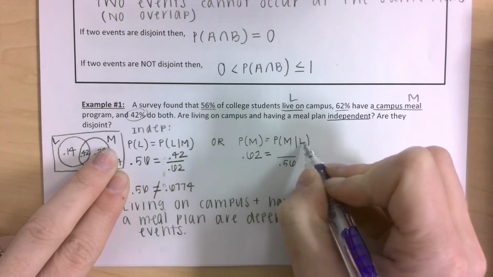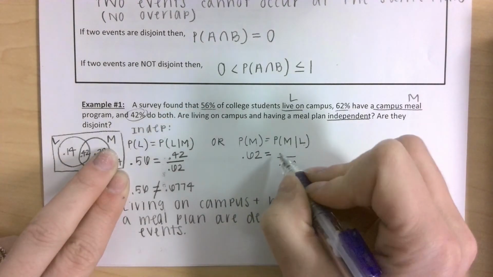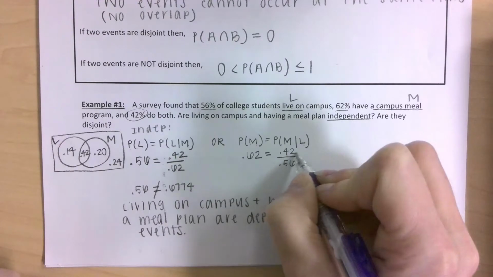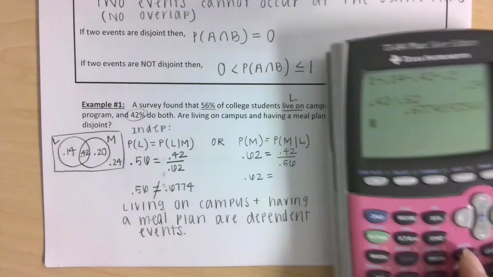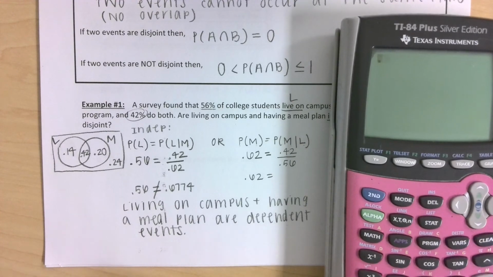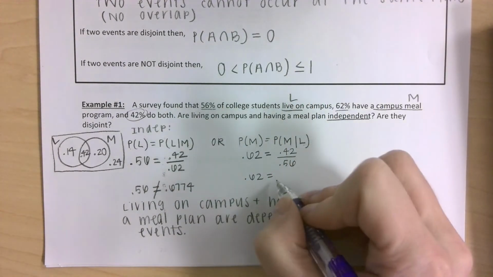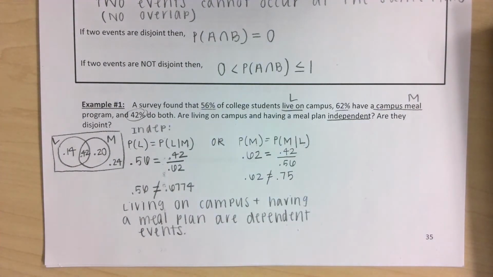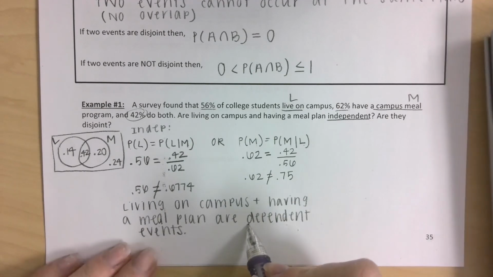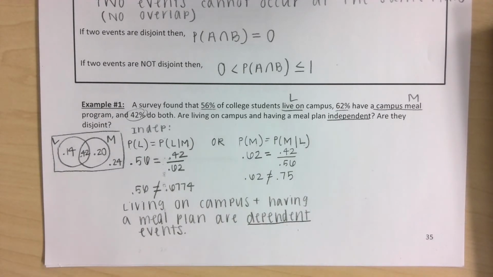And I'd only be looking for those that are also in M, so that would be 0.42. Again, typing that into my calculator gives me 0.75. Either way, they're not equal, again showing that they are dependent events.